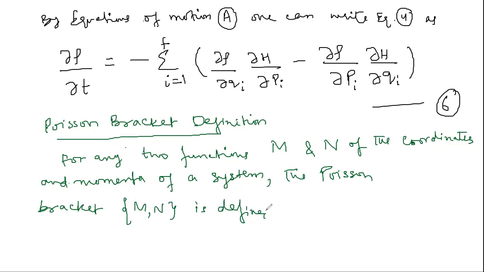I will change the color to write this definition of Poisson bracket, in red.